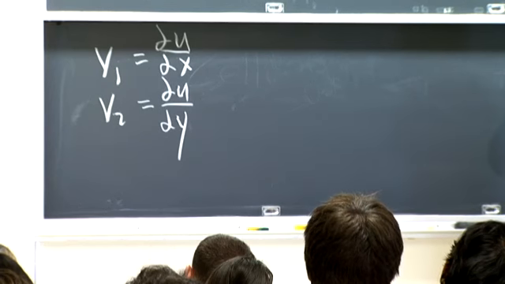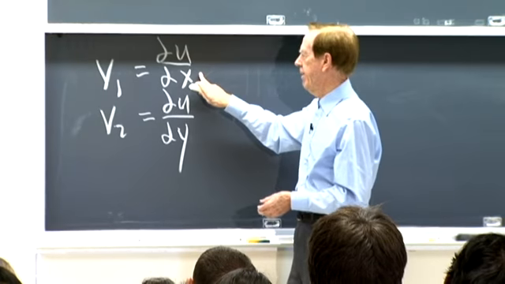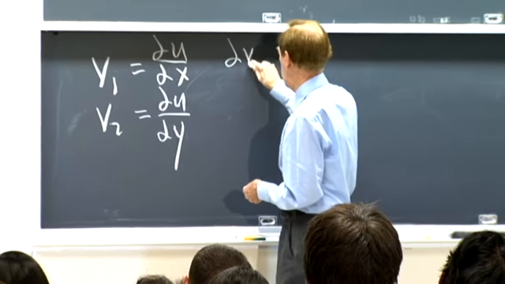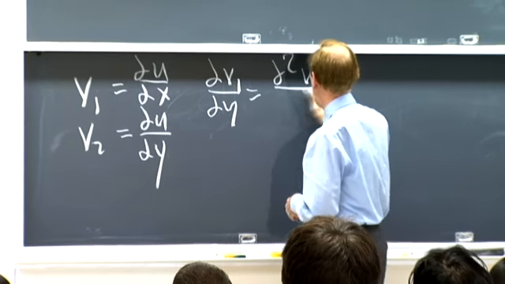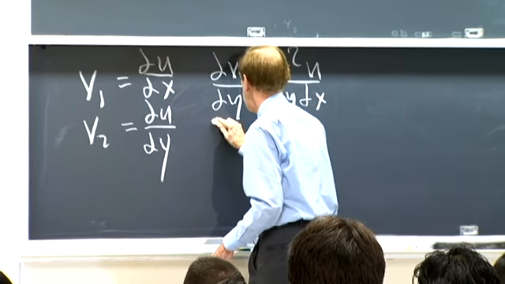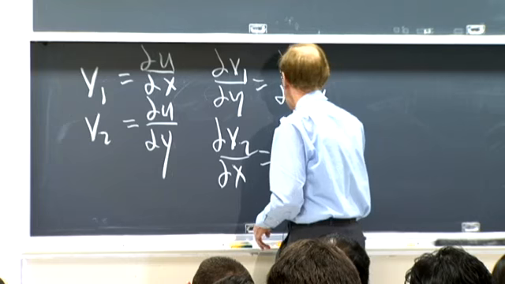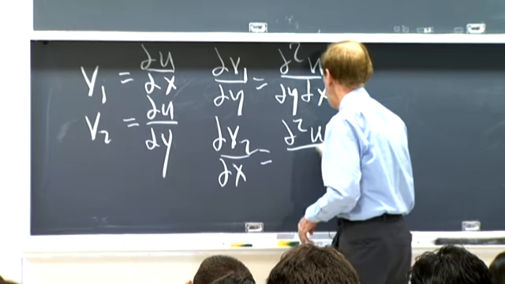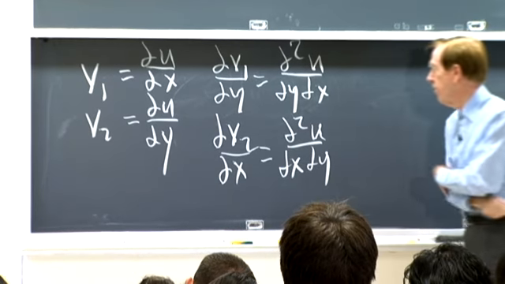Okay, the key idea is to take the y derivative of that equation, d second u dy dx, and take the x derivative of this equation, dv2 dx, which is the second derivative of u with respect to the x derivative of the y derivative.